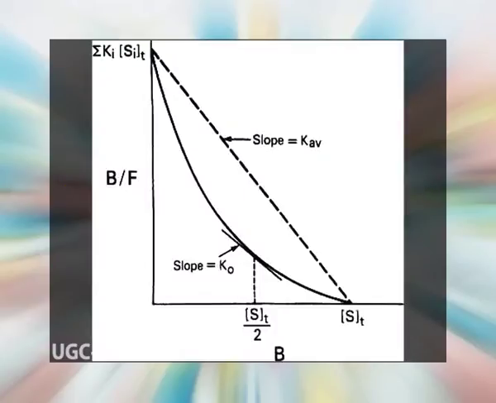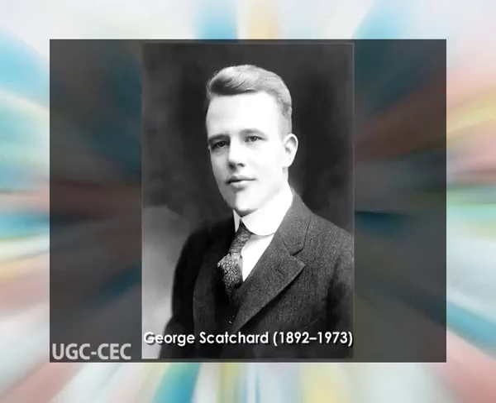Relative binding affinities between two sites can be distinguished with a line showing identical affinity and a curve showing different affinities. The Scatchard equation is named after the former MIT chemistry department member George Scatchard, an American chemist.